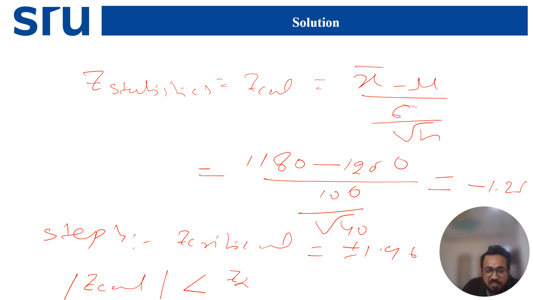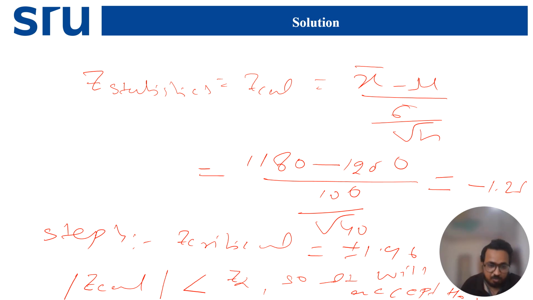So will it reject or accept? As we can see that the Z calculated value is strictly less than Z alpha, it will accept the null hypothesis H naught. So this is all about the problem of determining the hypothesis testing, right?